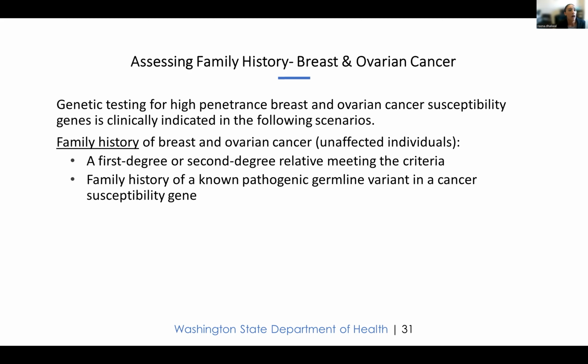Those are all individuals who would meet NCCN guidelines for genetic testing based on family history. So those guidelines are pretty generous, and we do find that many people will meet NCCN guidelines with the first or second degree relative criteria.